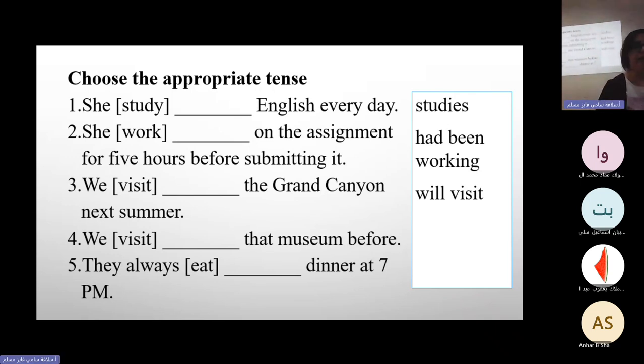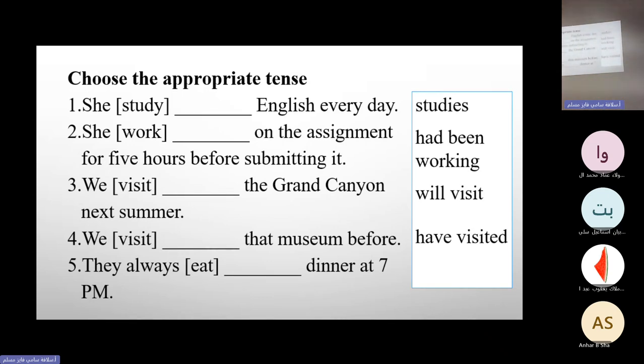Okay, we visit the museum before. We have visited, or we visited. Yes, we have visited.